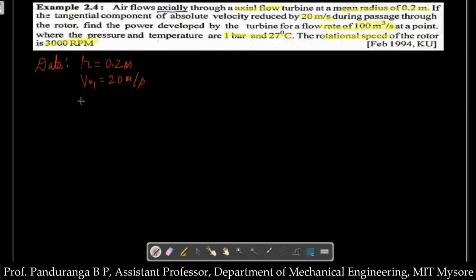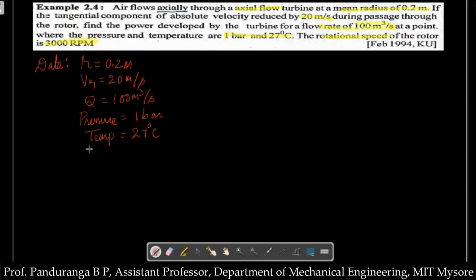Then the mass flow rate is given in terms of discharge. So Q will be equal to 100 meter cube per second. And at that point, the pressure is 1 bar, and the temperature is 27 degrees Celsius.